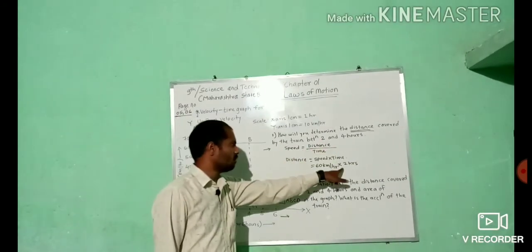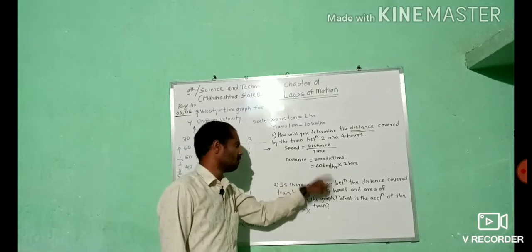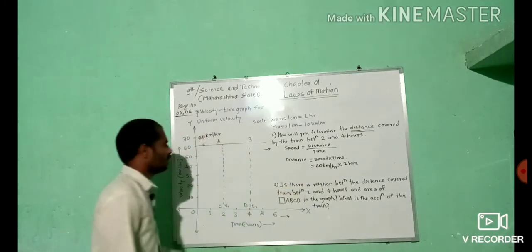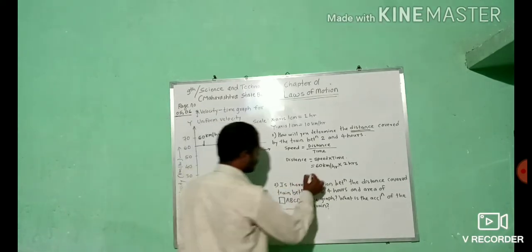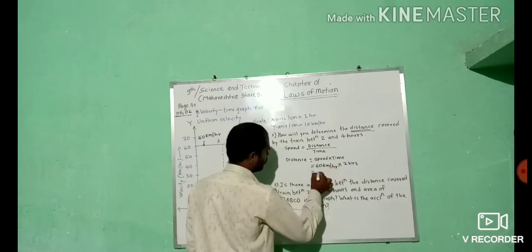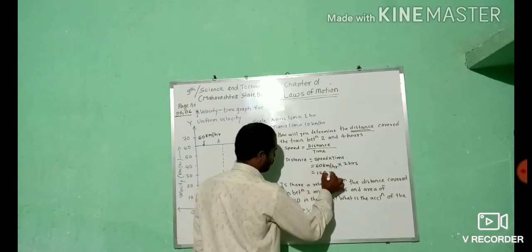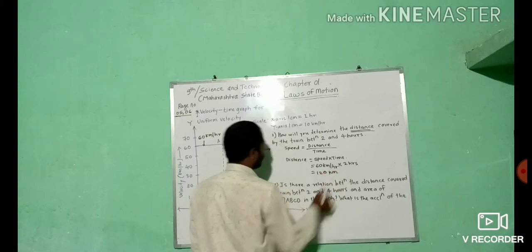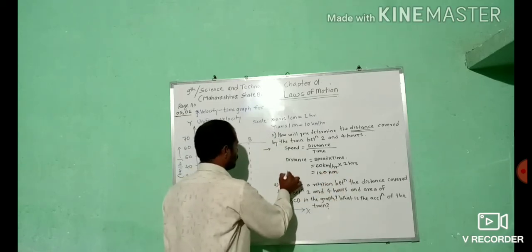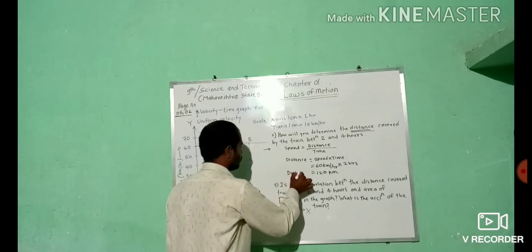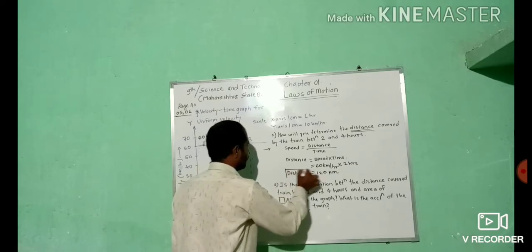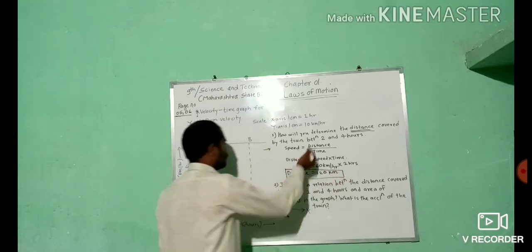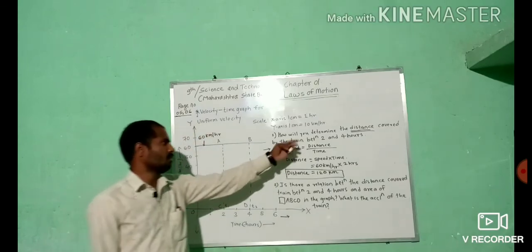So we have a time of 2 hours and a speed of 60 kilometer per hour. Then what is the distance? 6 twos are 120 kilometer. So the distance is 120 kilometer.